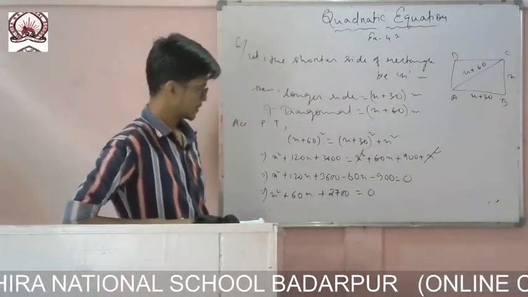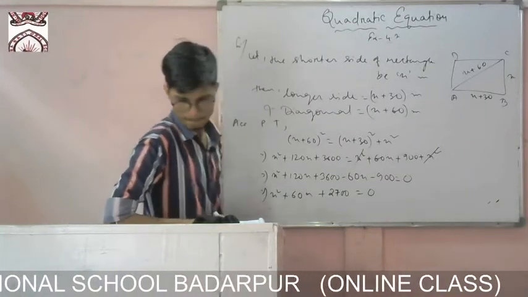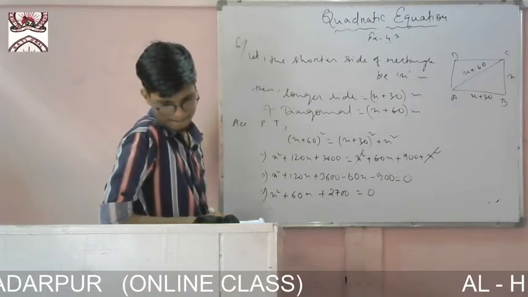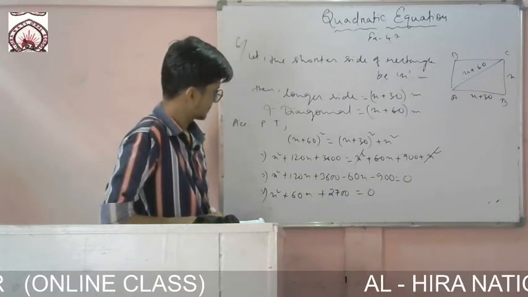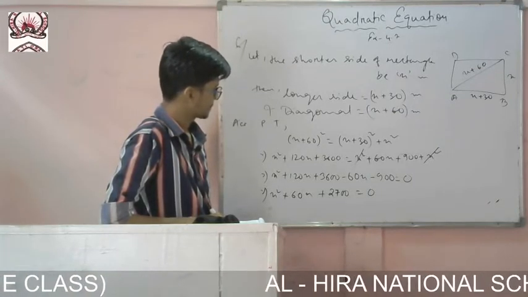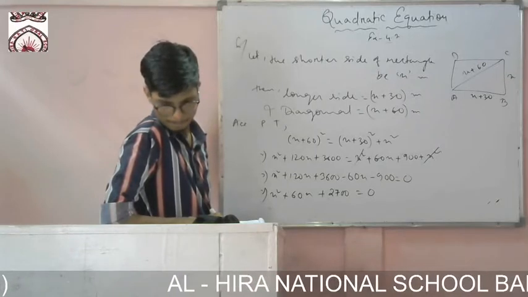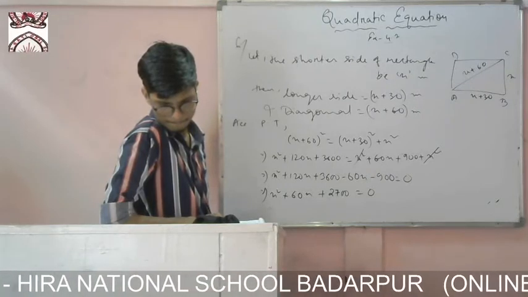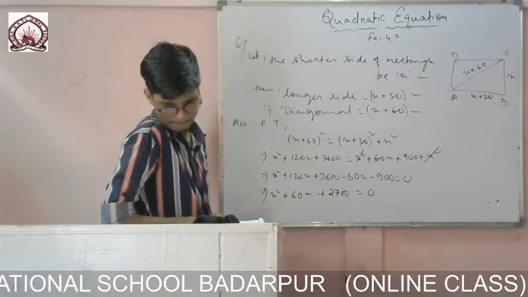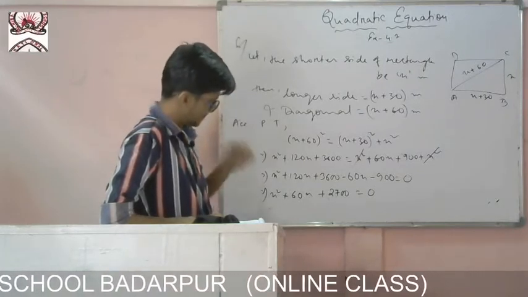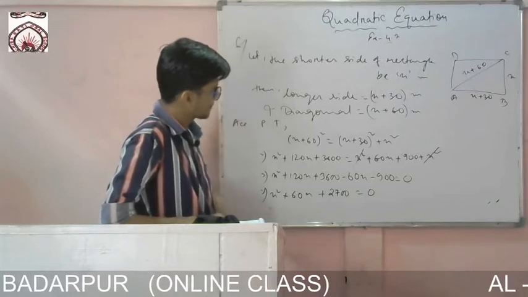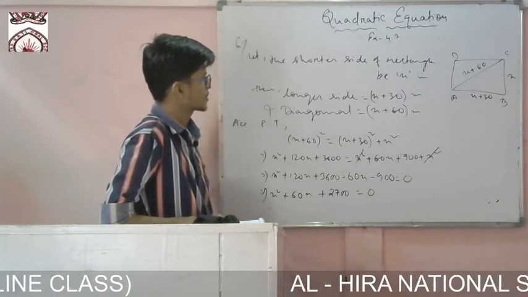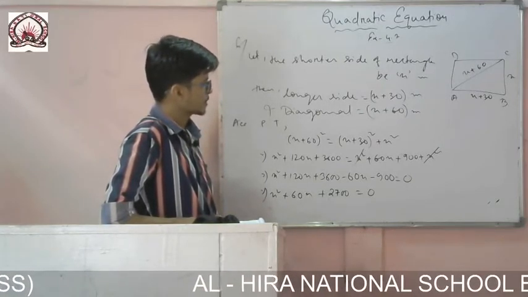The diagonal was (x + 60) whole squared, and the other two sides (x + 30) whole squared and x squared.